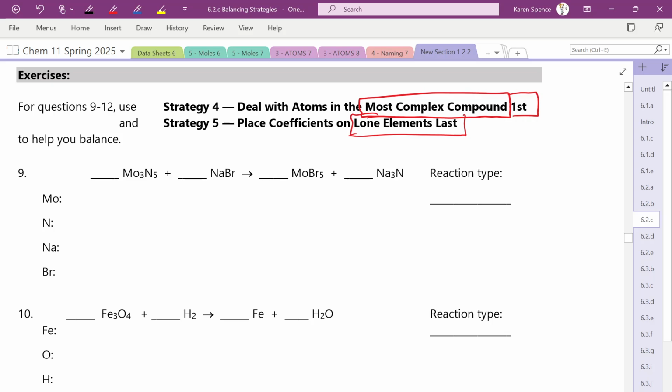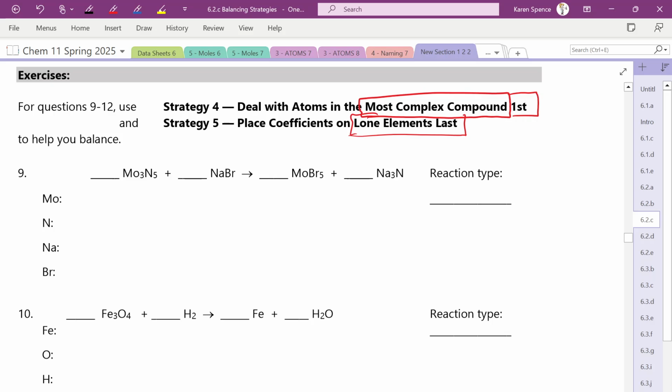Because it makes balancing so much better. Okay, so double replacement. They swap first. So what happens is that outside ions get together, inside ions get together. For this double replacement, the best thing to do is find the most complex compound. That's this.